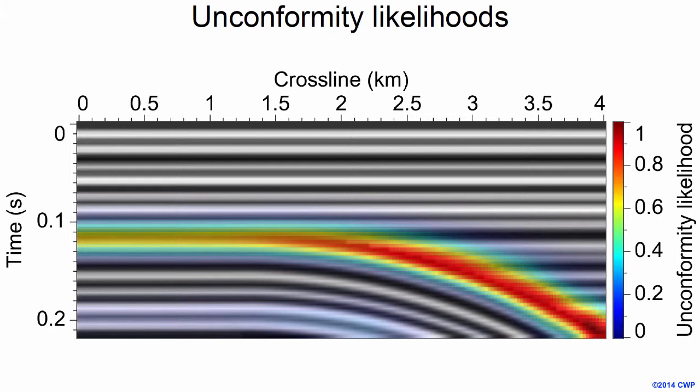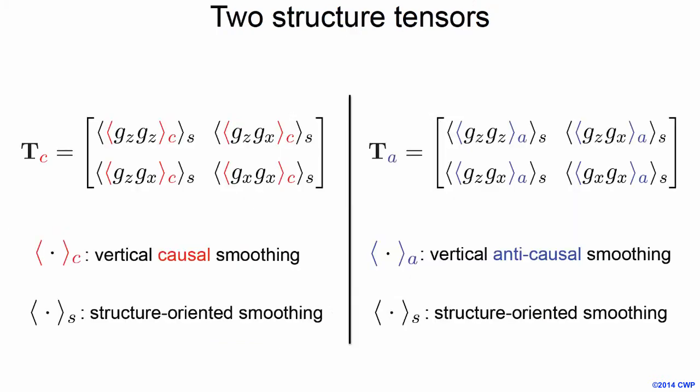To compute this unconformity magnitude, we define two different structure tensors, TC and TA. A structure tensor is computed by smoothing each component of the outer product of the image gradients.